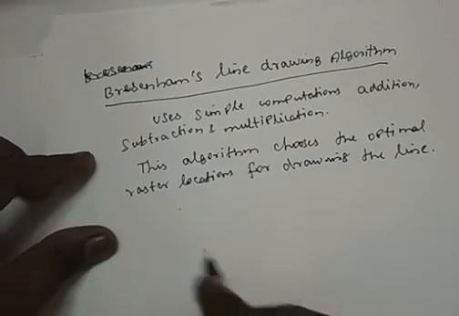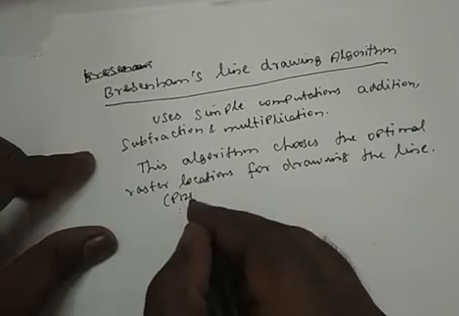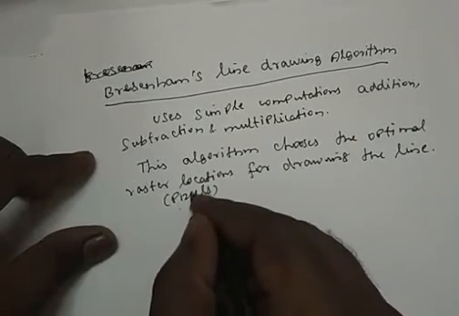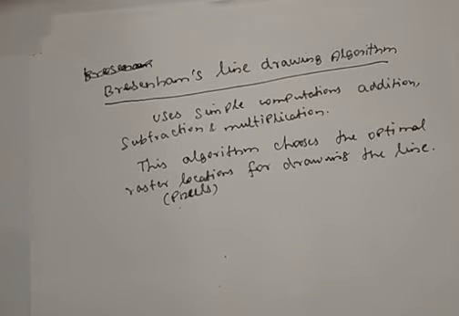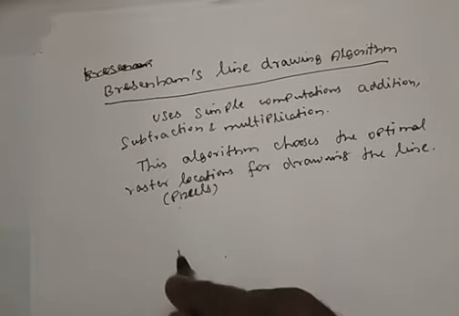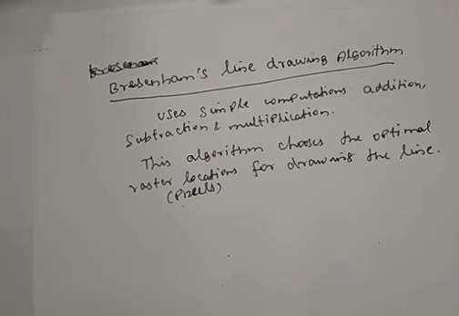Raster locations is not a new term. Raster locations are nothing but pixels. You will be identifying the optimum pixel to draw a line using this algorithm. So let us have a close understanding of how this algorithm operates.